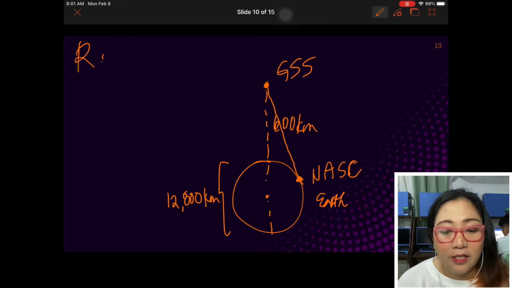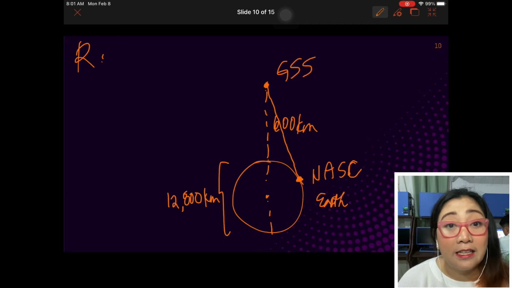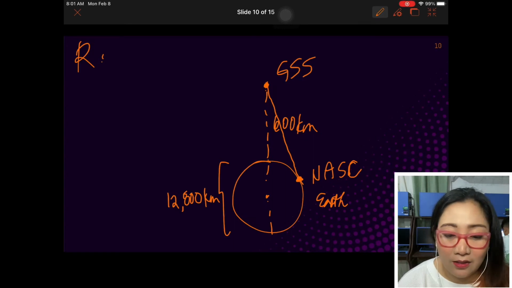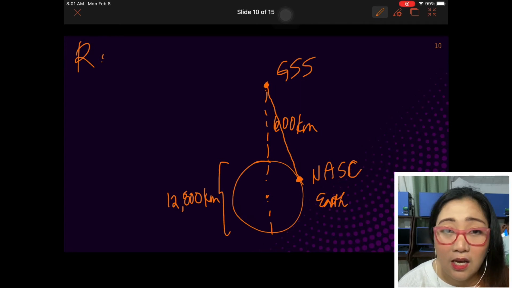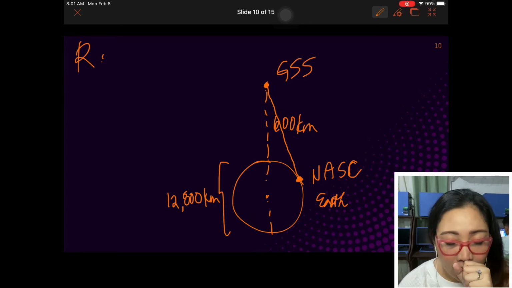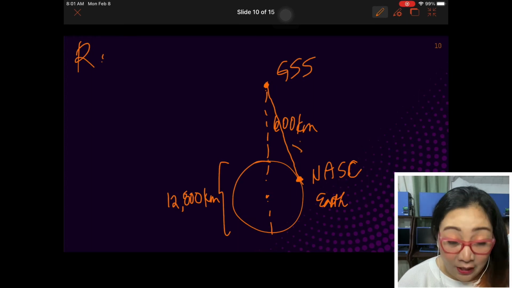Okay? From the Galaxy Station, na-view daw niya yung Neil Armstrong Space Center in a tangent line. Okay? So, yan ngayon yung how far is the astronaut from the Space Center. So, yung nahanap natin ngayon is gaanong kalayo yung astronaut na nasa Galaxy Space Station papunta doon sa Neil Armstrong Space Center. So, ito yung hinahanap natin, yung length na ito.